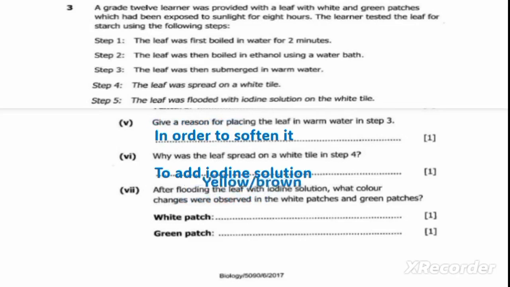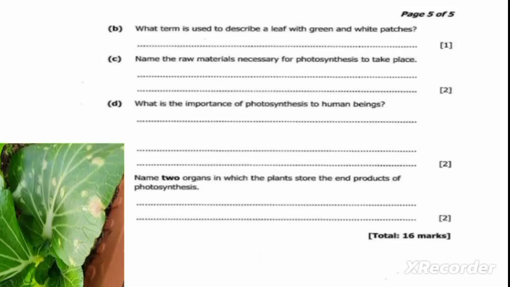Therefore, we are going to say yellow or brown. Then the green patch will show the positive test, which is blue black. So the green patch will show the presence of starch.